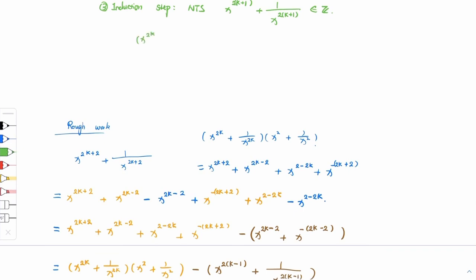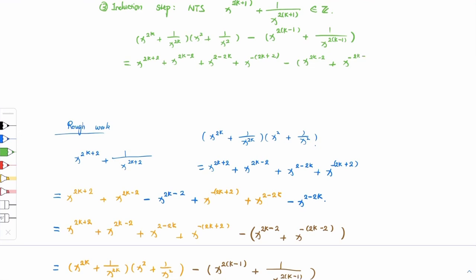x to the 2k plus 1 over x to the 2k times x squared plus 1 over x squared, minus x to the 2k minus 1 plus 1 over x to the 2k minus 1, equals x to the 2k plus 2 plus x to the 2k minus 2 plus x to the 2 minus 2k plus x to the minus 2k plus 2, minus x to the 2k minus 2 plus x to the negative 2k minus 2.